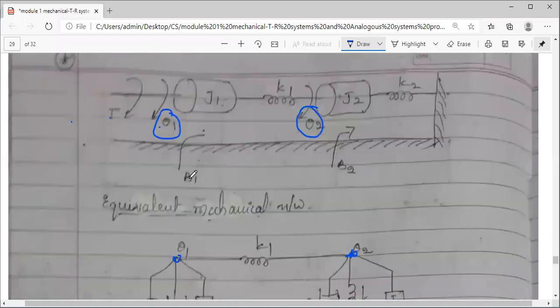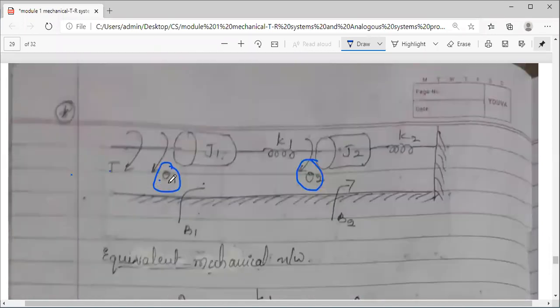Now, let us identify which elements are connected to the first displacement, theta 1. How many elements are purely connected to theta 1? The very first thing is J1. Then you can see in the figure there is a reference, that is the surface, and there is a moment of inertia, some body connected.